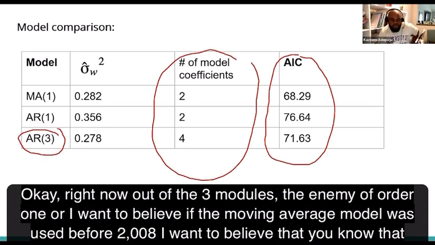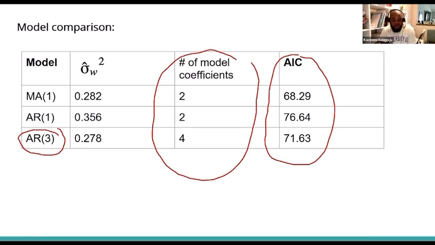If the moving average model had been used before 2008, I want to believe that it would have alerted investors ahead of time, because the moving average model is saying that the future does not resemble the past.